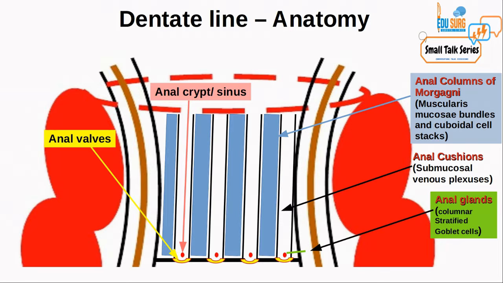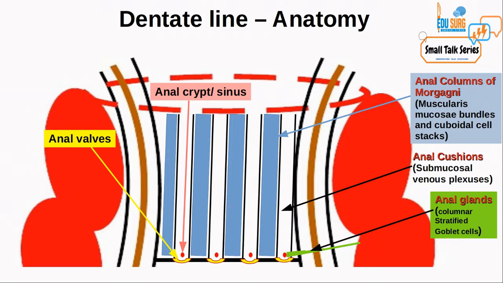What are the anal glands? They are glands predominantly in the submucosal layer of the anal canal, which are lined by columnar stratified epithelium with goblet cells, right? These are vestigial glands and not of much significance, and usually they are present only up to the submucosa, but they can also extend up to or beyond the internal anal sphincter, and sometimes they can also reach the external anal sphincter.